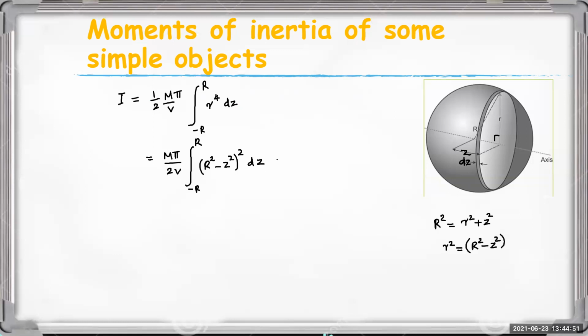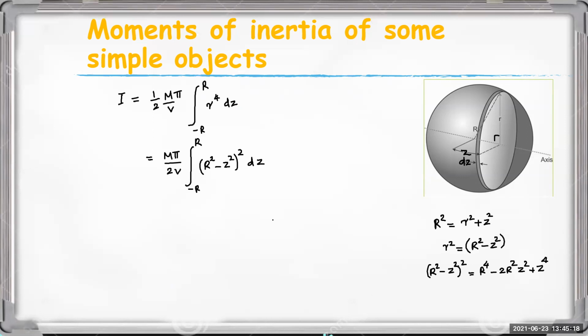So first I am finding the quantity (R square minus z square) whole square. It is equal to R raised to 4 minus 2R square z square plus z raised to 4.